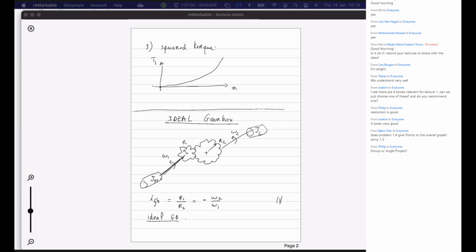And now I need to put some torque. I call TE the torque from stator to rotor. So it's the motor torque.